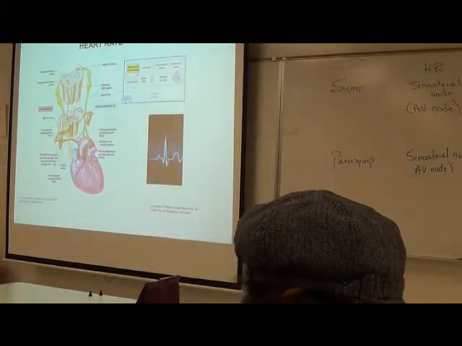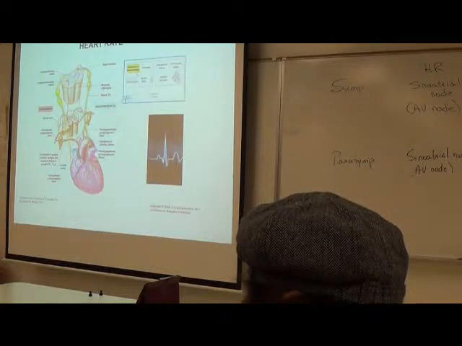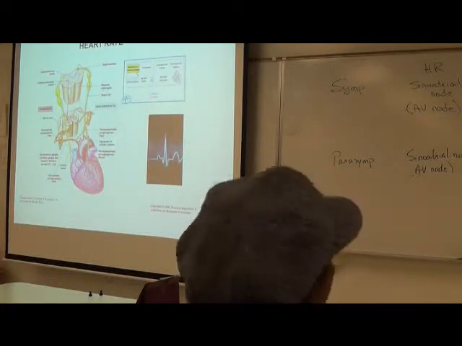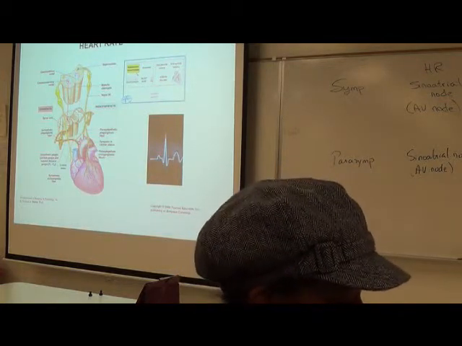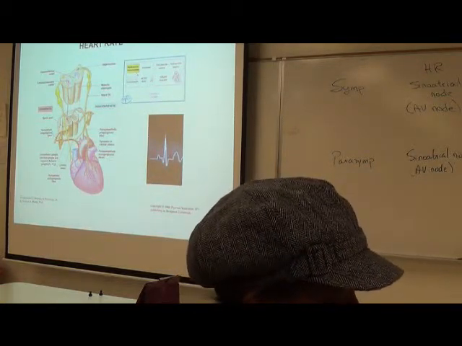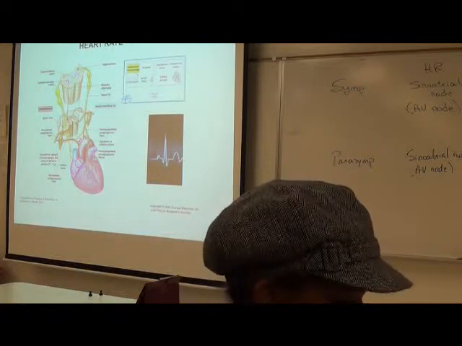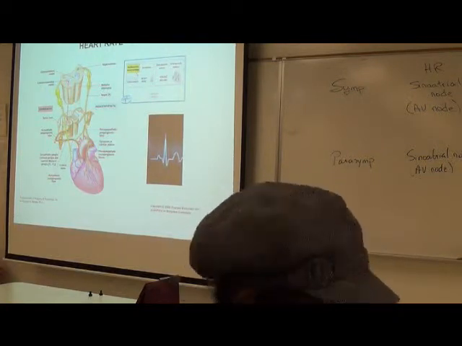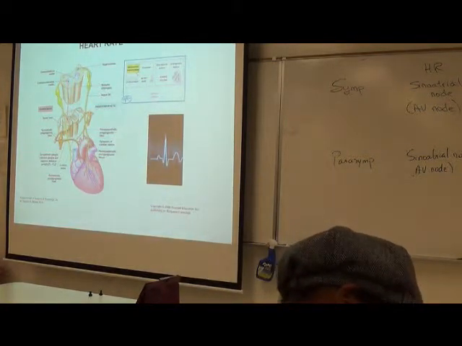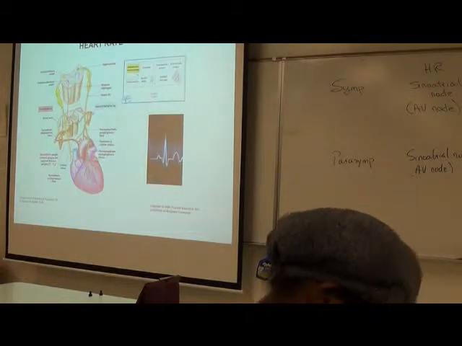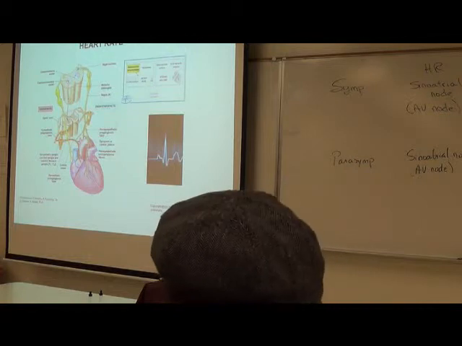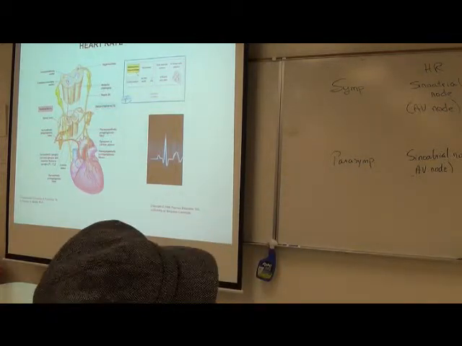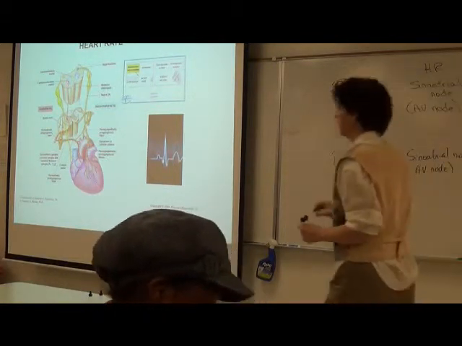So atria only. So if we're increasing or decreasing the force of ventricular contraction, we're doing that only through the sympathetic nervous system. So acetylcholine affects heart rate. It can't make the heart beat more strongly or more weakly by affecting contractile muscles. It can via a different pathway, but indirectly.